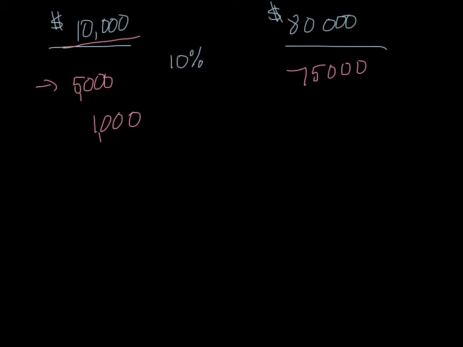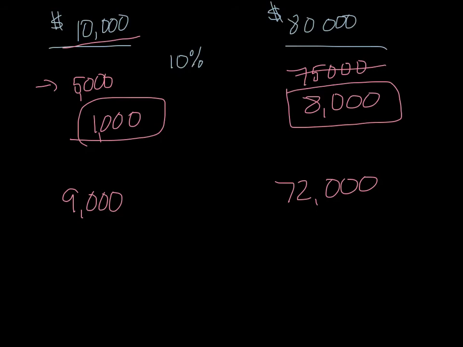Right now, I just want you to understand why we're using percents. So at the end, they will have $9,000 left. This guy over here, 10% of his income would be $8,000. So he ends up with $72,000 left.